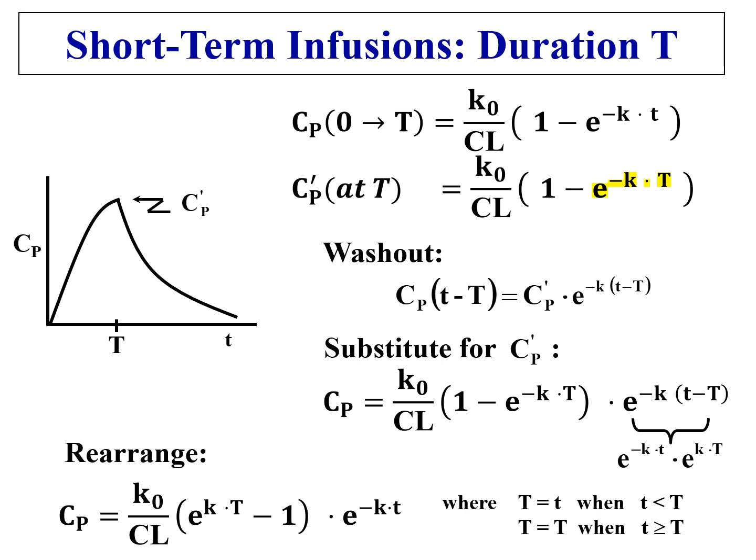So when we're operating this equation, we have to put in the conditions that capital T is going to be equal to the actual time when the time is less than cap T. And then at and after cap T, when t becomes equal or greater than capital T, we basically have a changing value of what the cap T is in the equation.